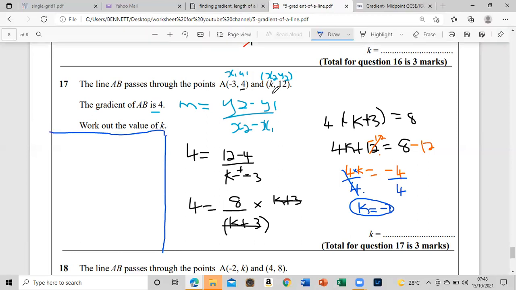This is supposed to be minus 1, so it would be 12 minus 4, that is 8, divided by minus 1 minus 3. It's not right, guys. It's not correct.